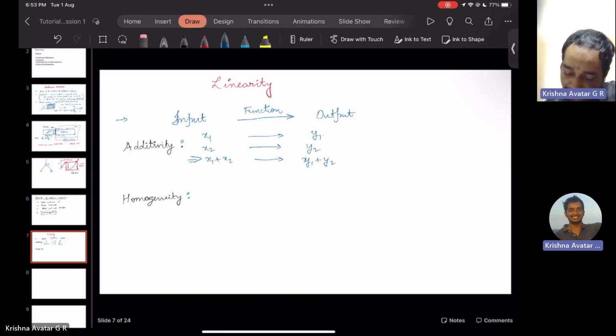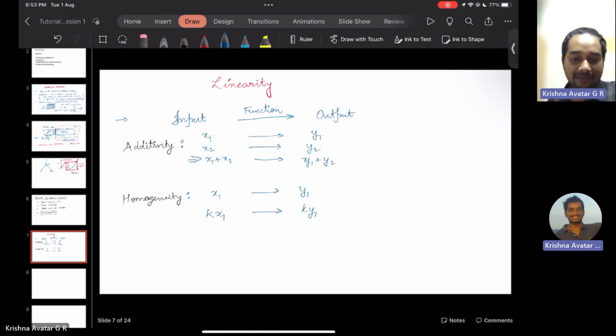The principle of homogeneity says that if we have an input x1 which gives us an output y1, and our input is scaled by some factor k, so k times x1, then the output should scale in a similar fashion, so it is k times y1.